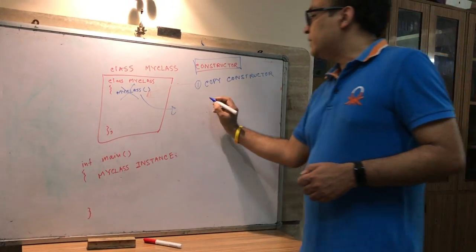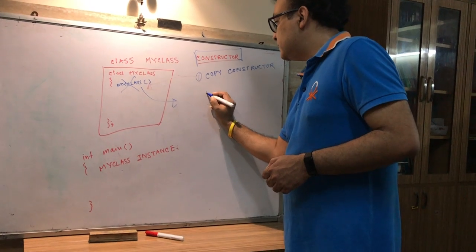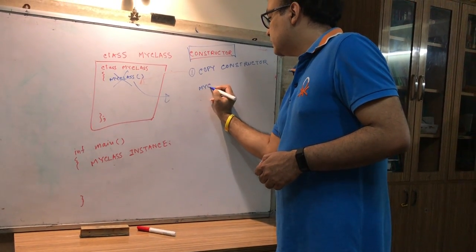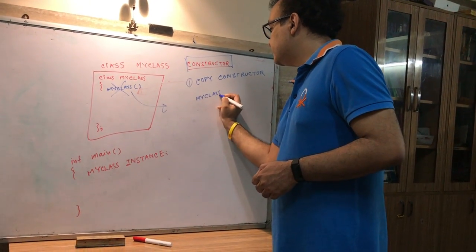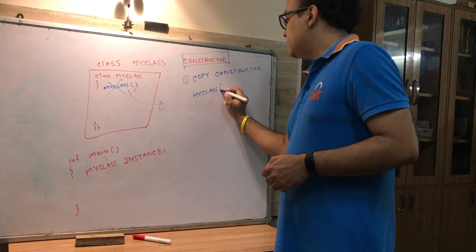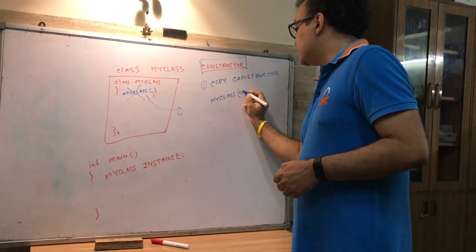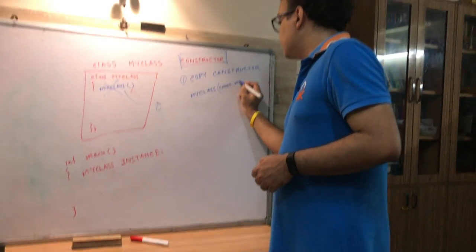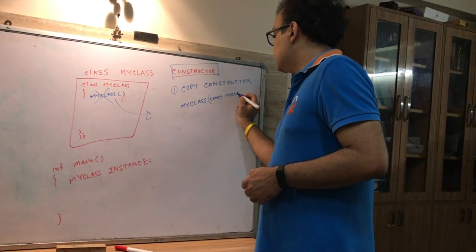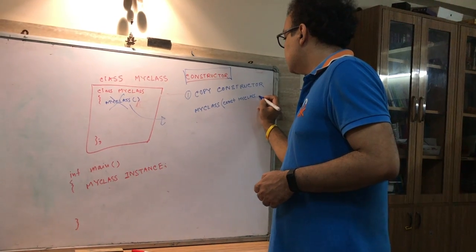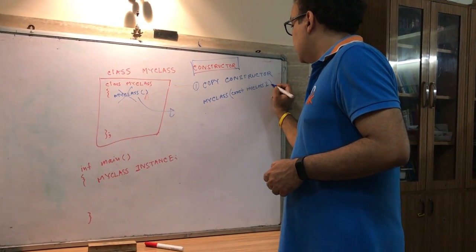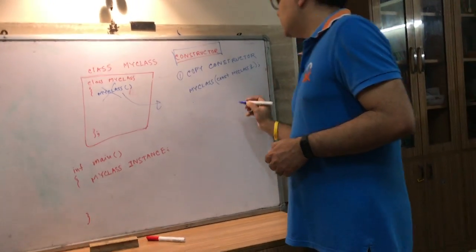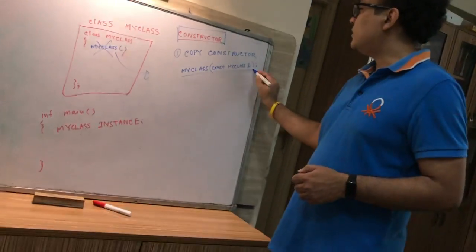The syntax of the copy constructor is that you write the class name and you write a constant reference as an argument. So this becomes the syntax of the copy constructor.